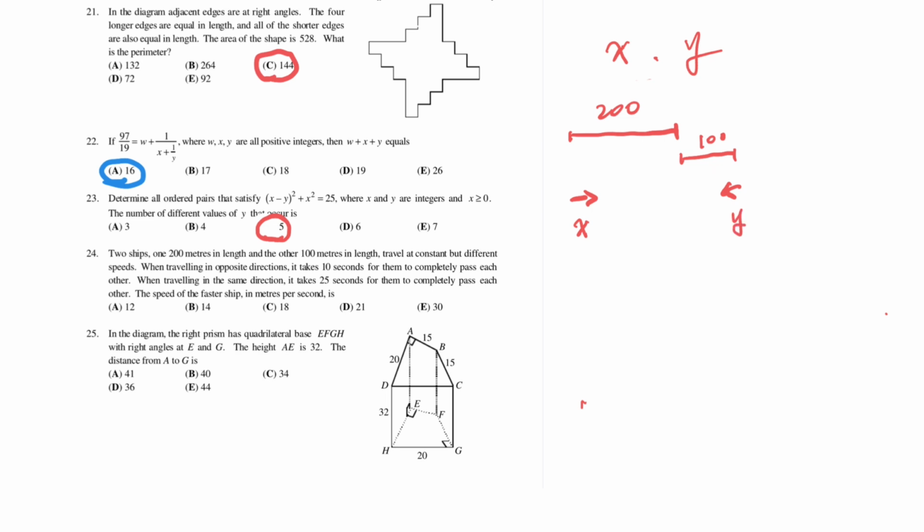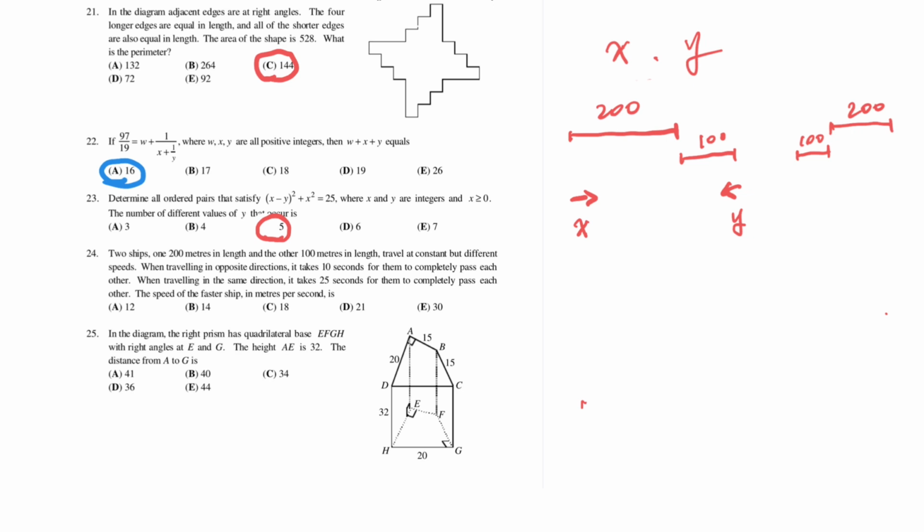So in 1 second, they close a distance of x plus y. When they totally pass each other, the 200 is here and the 100 is here, so they go a total of 300.